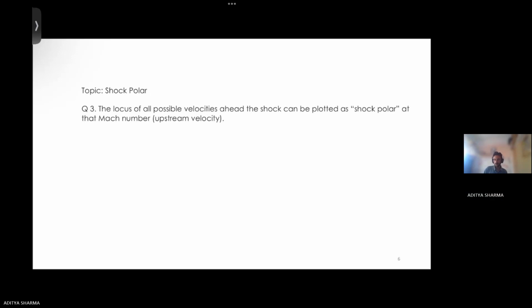So we have that the locus. This question is also based on shock polar. The question says that the locus of all possible velocities ahead of the shock.